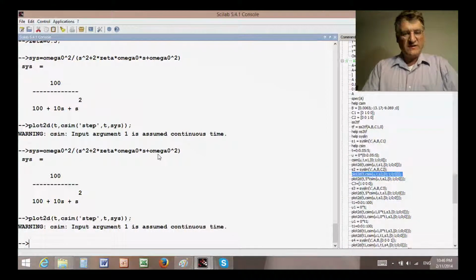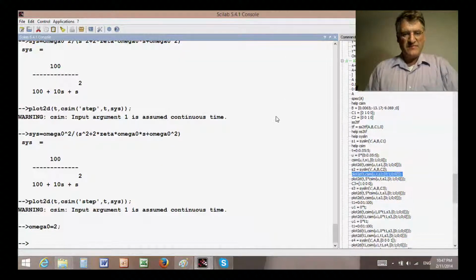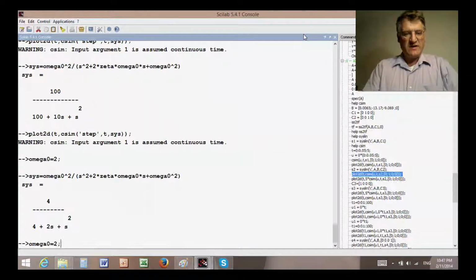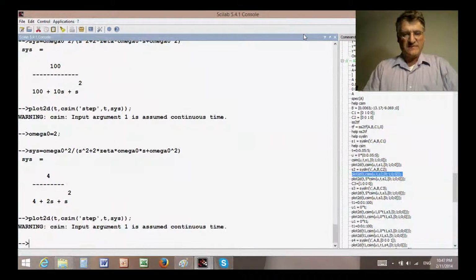Now, what is the effect if I change omega 0 and I write omega 0 is equal to, instead of 10, we make it 2. And we again simulate the system. So we do plot 2D. We first need to define the system, and then we do the plot 2D thing.